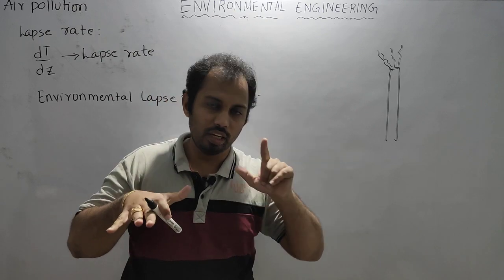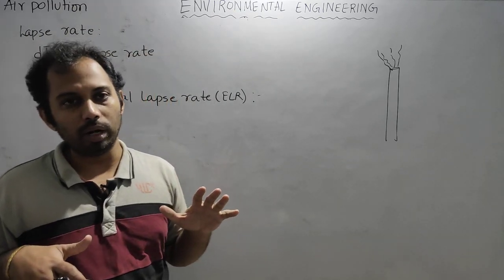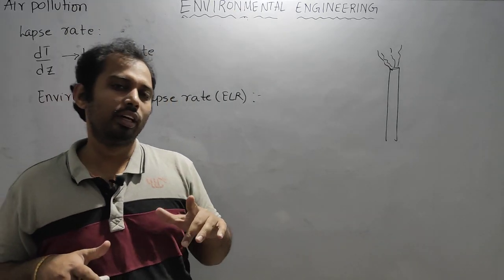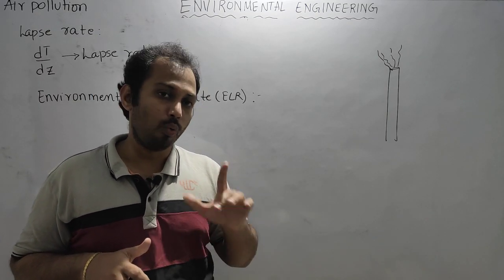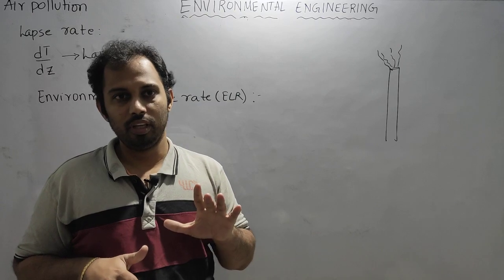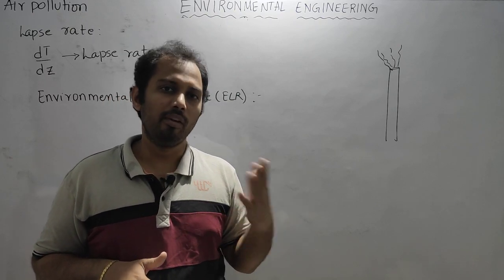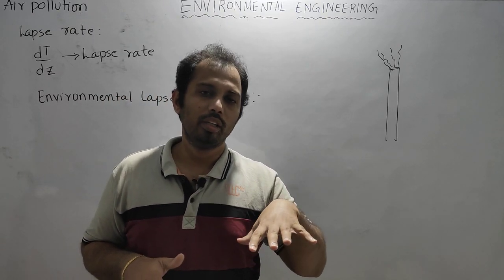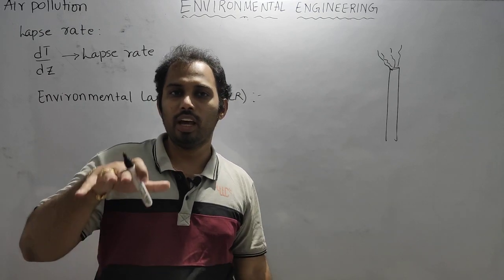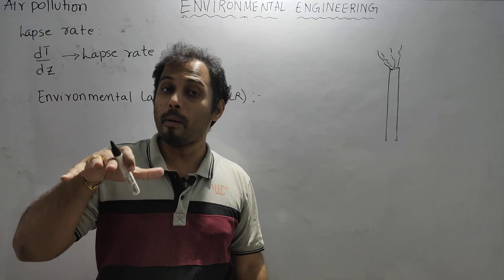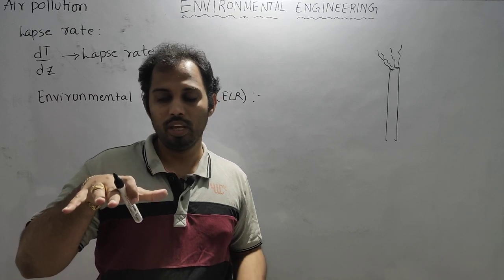Simple logic here, only one logic we need to remember. Warmer will be lighter. Colder will be heavier. So if the environment is colder, it is heavier. When the pollution parcel is warmer, that means hot, it is lighter.